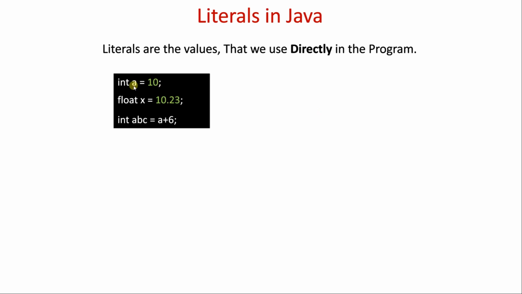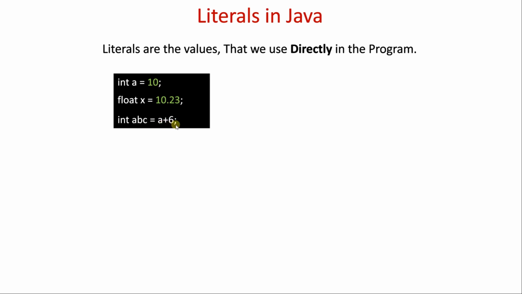Here a is an integer variable and is initialized with a value 10. Here it is directly initialized with a value and this number is a literal. Here this float variable x is initialized with 10.23 which is a literal. And in here this integer variable abc is assigned with an expression containing the addition of this a variable plus 6.